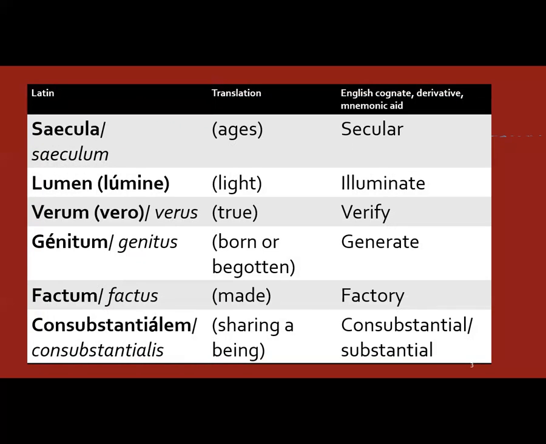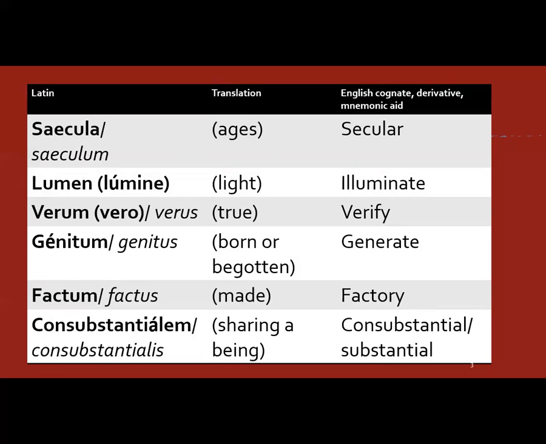Our word verify comes from verum. Verify is a good word. Genitum, we've already looked at that, but it appears again. It means born or begotten, to generate. Factum, same word actually as factorum, something that is made. Our word factory comes again from factum.